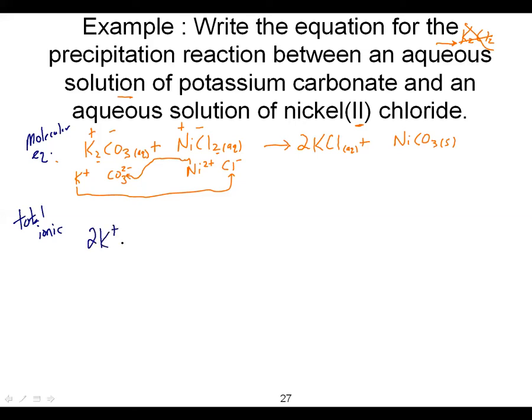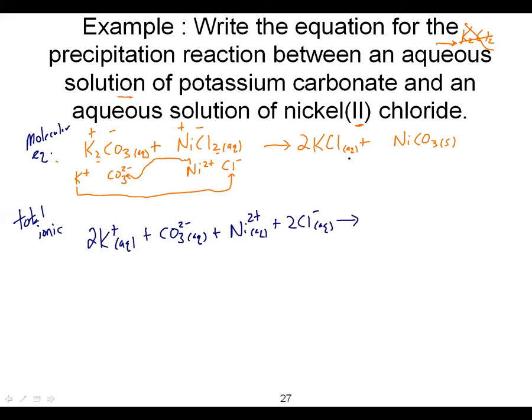The 2 comes out in front. And we get 1 carbonate. When our nickel 2 chloride breaks apart, we get 1 nickel that has a +2 charge. And for the chloride, the 2 comes out in front, and we get 2 chlorides.